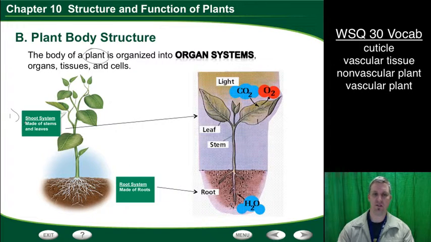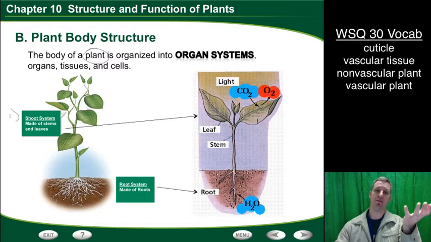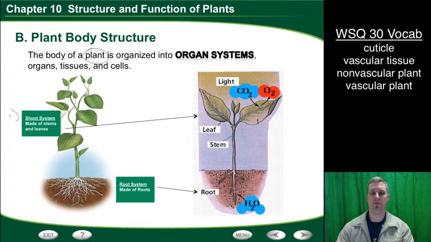The first is the shoot system, the stems and leaves that make up what we see above ground. In the leaves, they get sunlight and convert it into energy. The purpose of the stems is to bring the leaves up closer to the sun. So that's the first system.